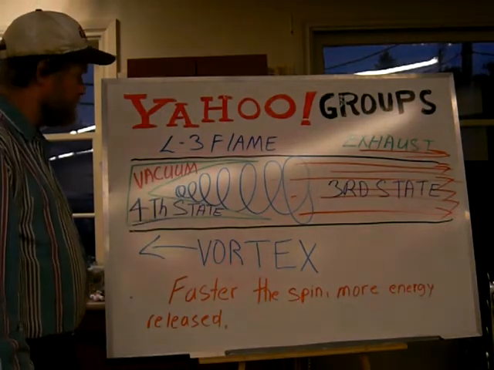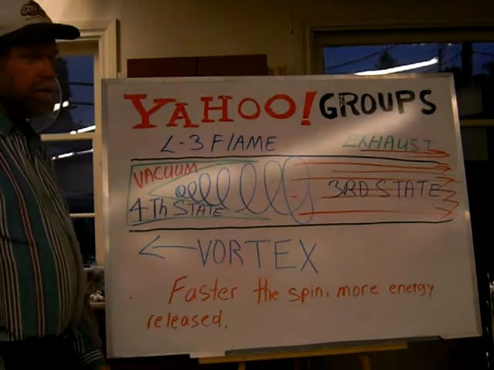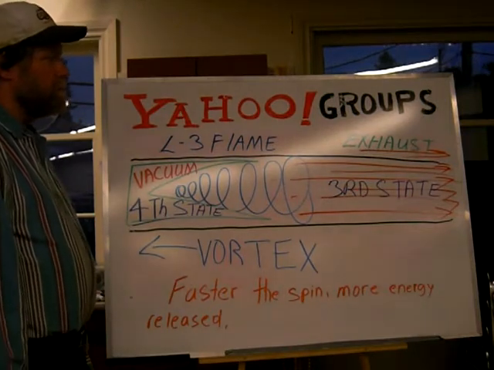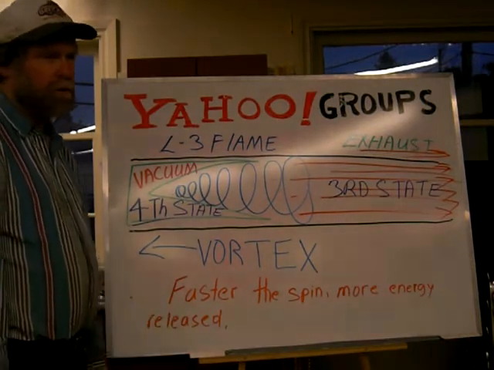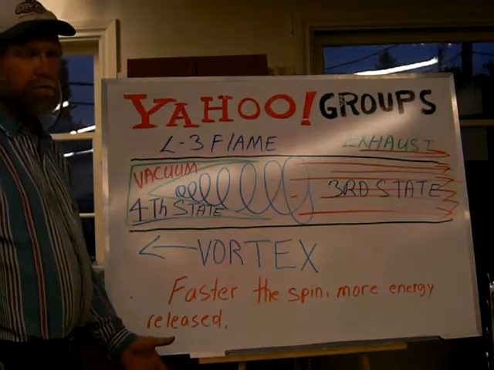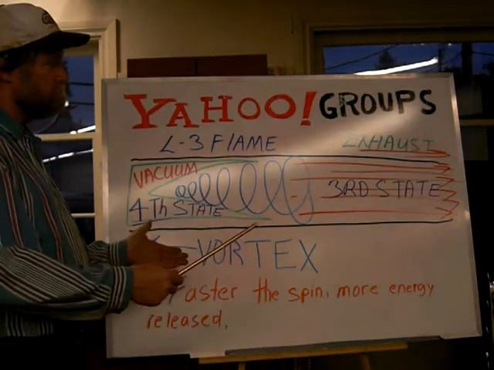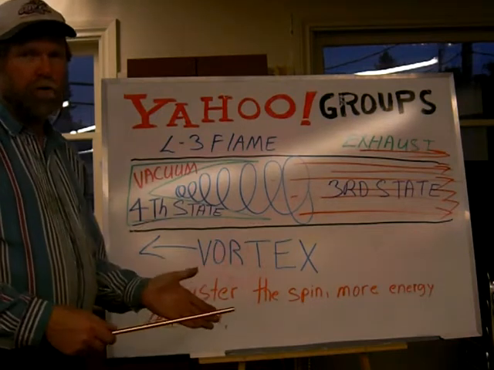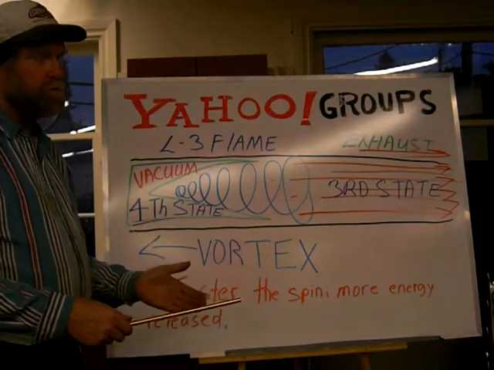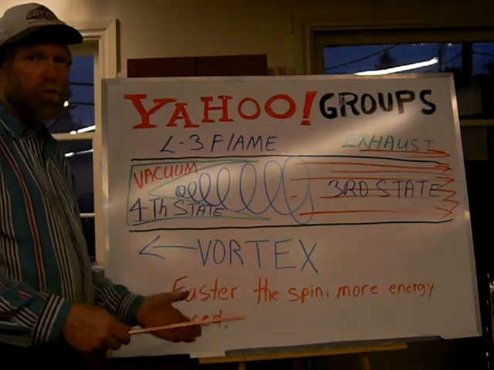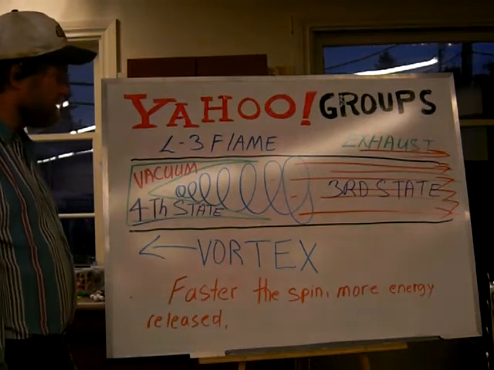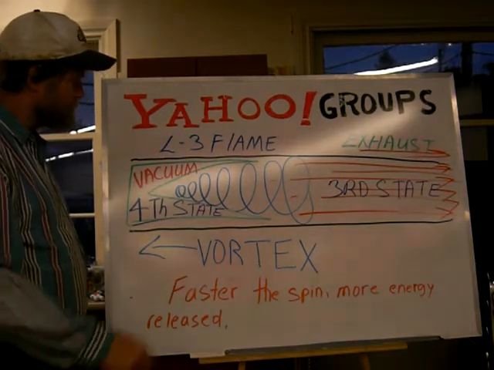Just compare a regular torch to a plasma cutter. The temperature of one is a couple thousand degrees, and the temperature of the other is 10 times that, 20, 30, 40,000 degrees on the plasma cutter. And that's what I'm seeing.